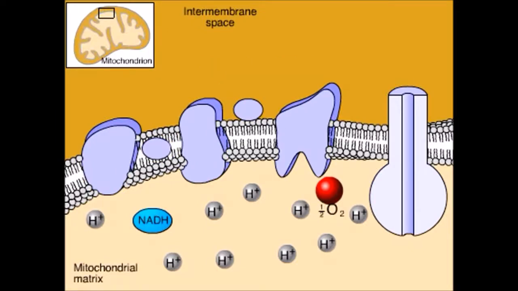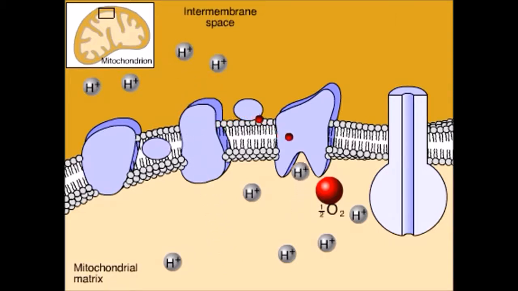NADH gives up its high-energy electrons to the first complex in the electron transport chain. The electrons move from one member of the chain to the next, giving up their energy as they are pulled from NADH toward oxygen. The energy given up by the flow of electrons is used to pump hydrogen ions from the mitochondrial matrix into the intermembrane space.